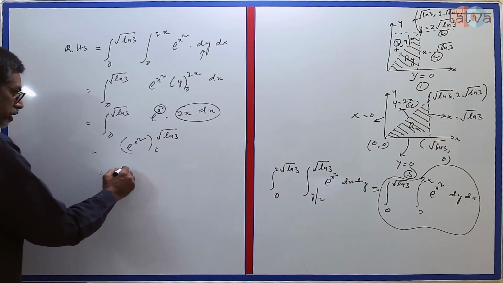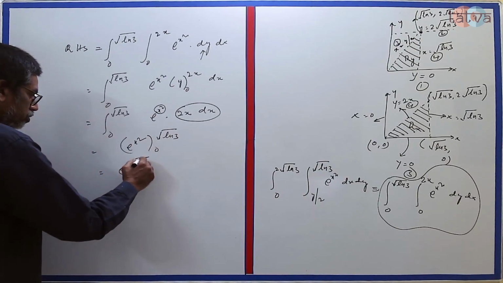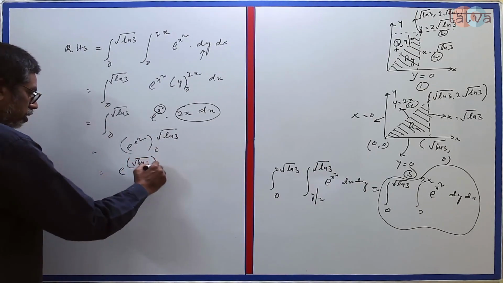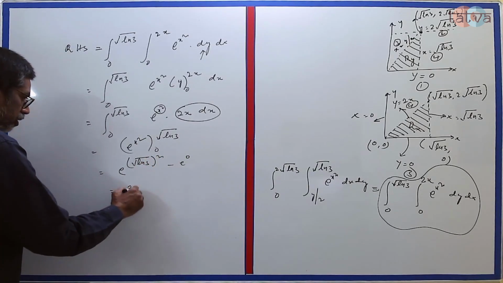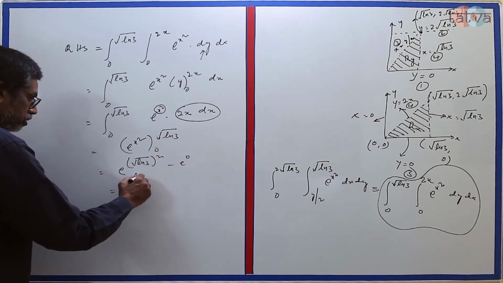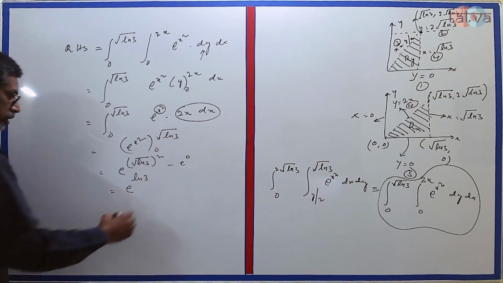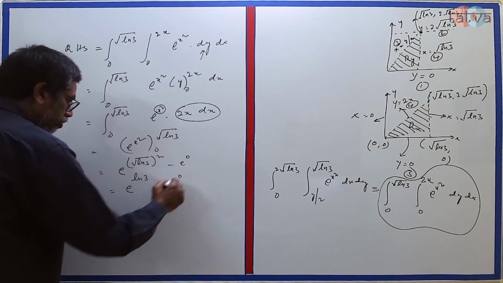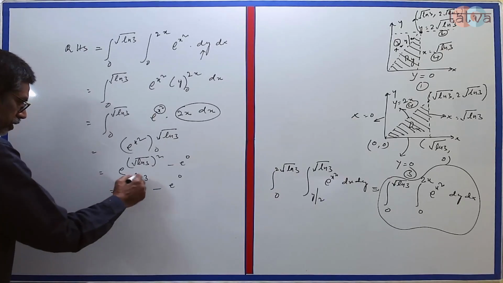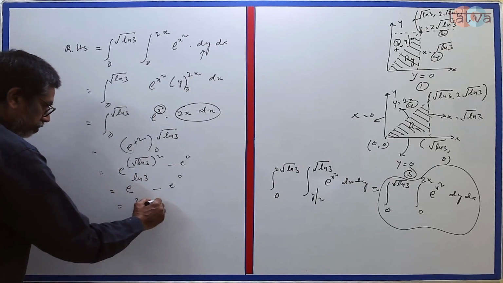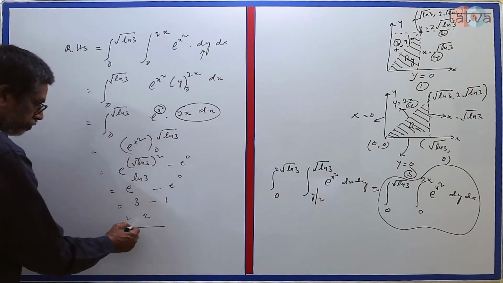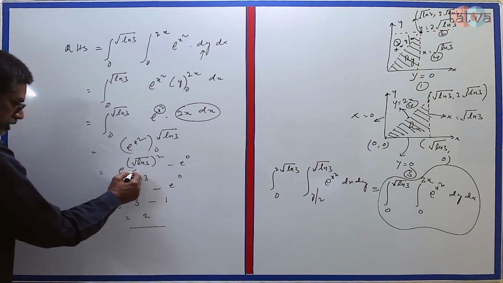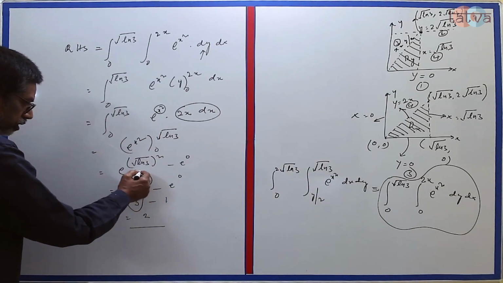So that will make it e power square root of log 3 squared minus e power 0. This is e power log 3 minus e power 0. E power log 3 is 3, minus e power 0 is 1. That makes it 2.